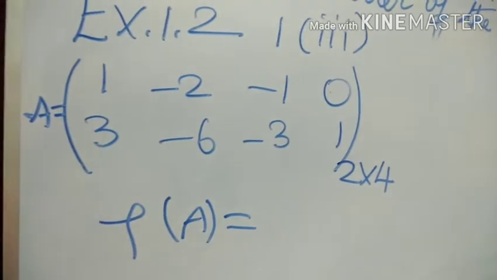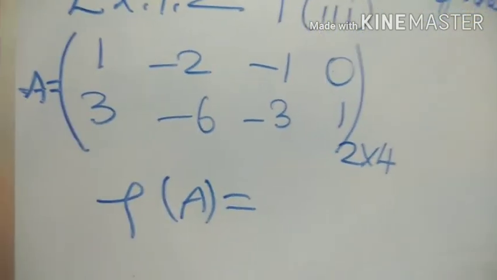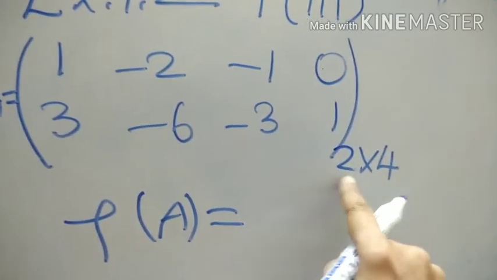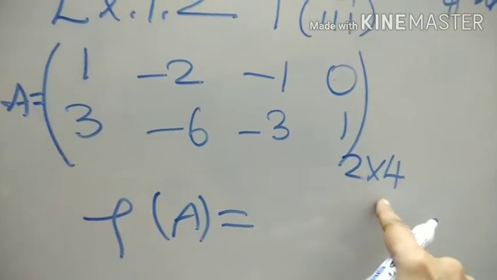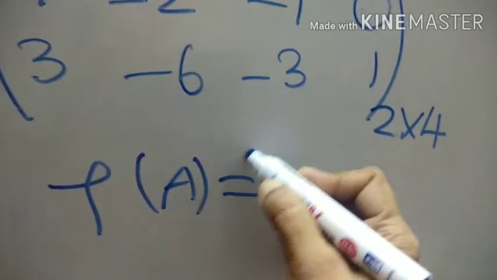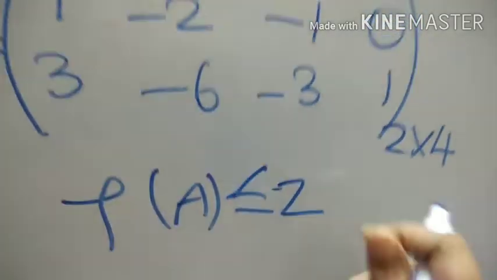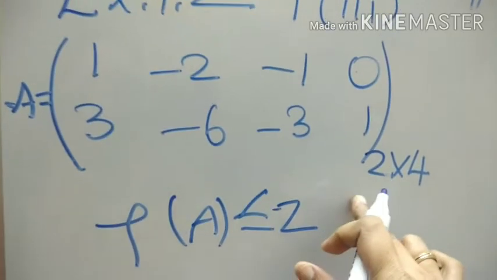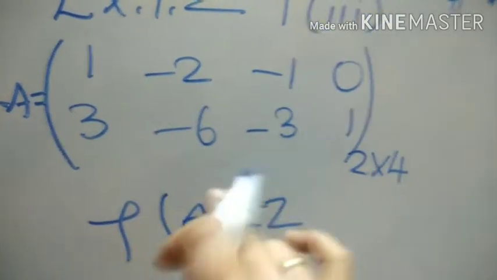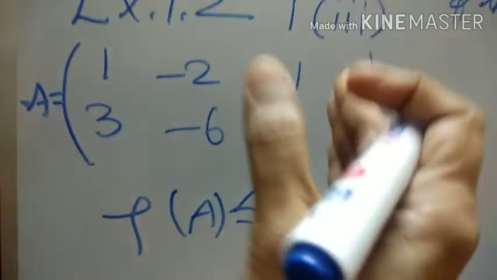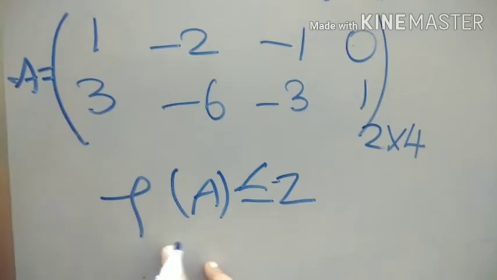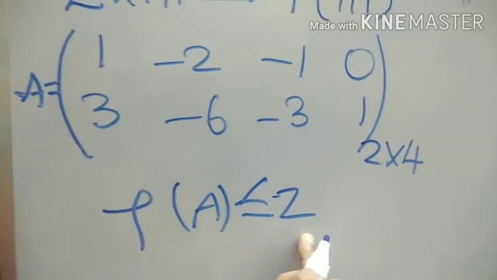If I have 4 rows and 4 columns, I can decide the rank may be 4. But here the order is only 2 by 4. Minimum number is 2, which means rank will be less than or equal to 2, because when the minimum number is 2, I can write only 2 by 2 determinants, or smaller. So the rank of A is less than or equal to 2.